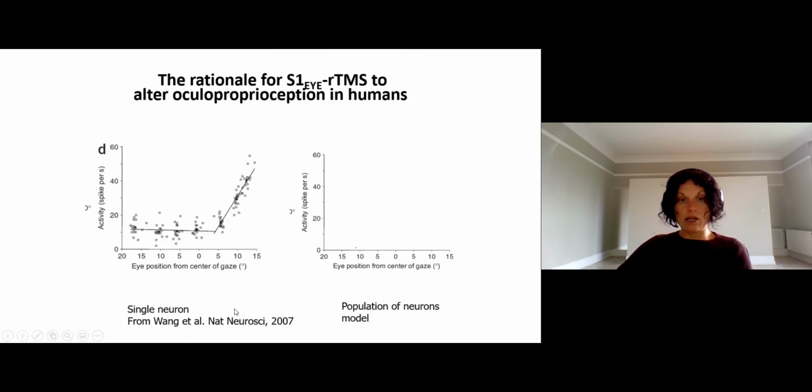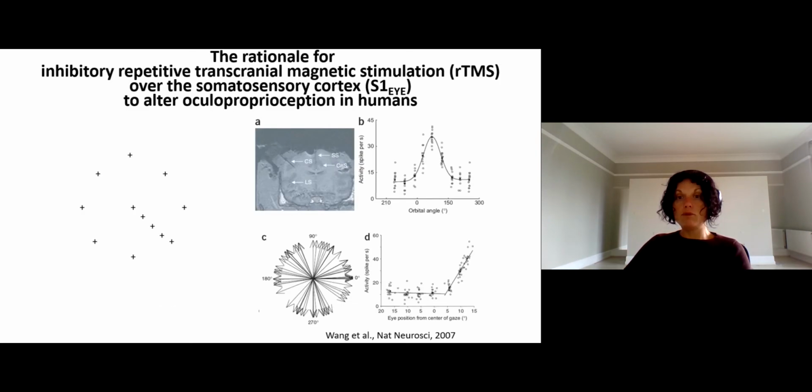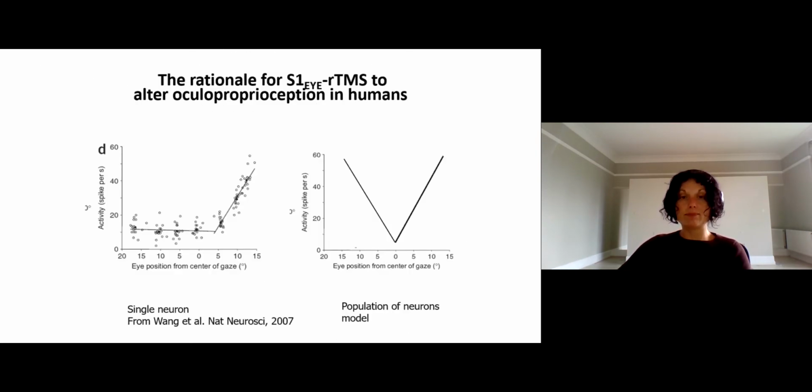Now, from this pattern of activity of a single neuron, one could assume that over the population of neurons, the firing rate would increase the more eccentric the target in all possible directions, and that with transcranial magnetic stimulation, one could bring this activity level down.